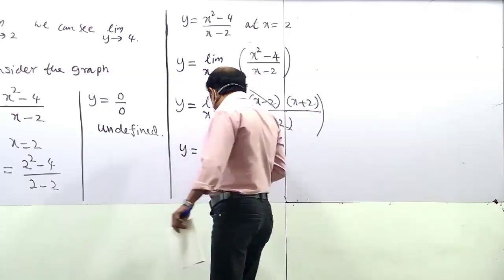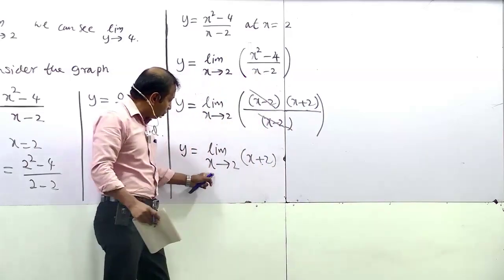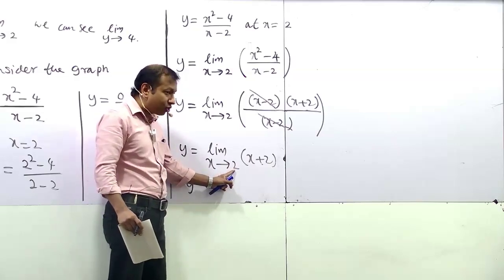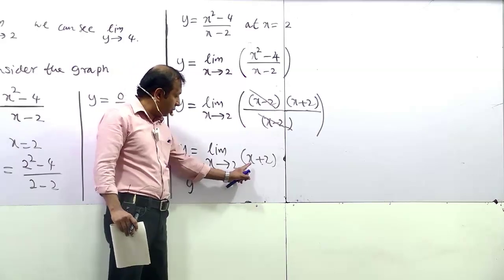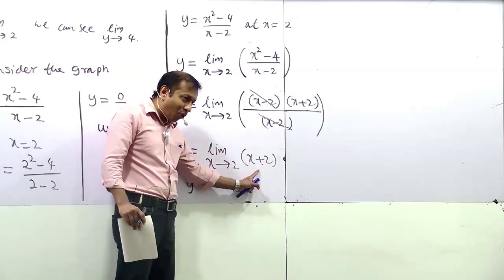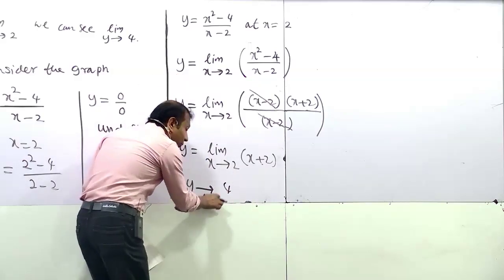Therefore, remember here, we put 2 here. Then you might ask, x going to 2 doesn't mean that x takes 2, no? Correct. I agree with you. I put 2 here, then 2 plus 2 is 4. But I'm supposed to write this going to 4 putting an arrow. Correct?